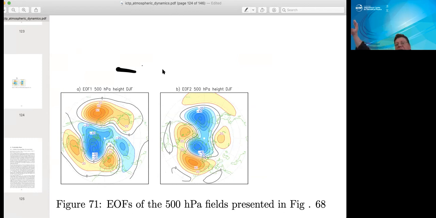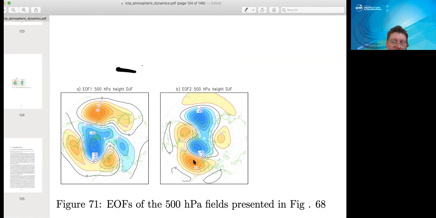And then we have to add more EOFs to get to, let's say, 90%. But sometimes 10 are already enough, because most climate data sets are so low dimensional that maybe 10 EOFs are enough to explain more than 90%. The second pattern is also a well-known pattern, and is called the cold ocean warm land pattern.